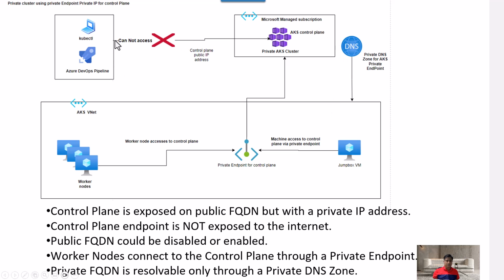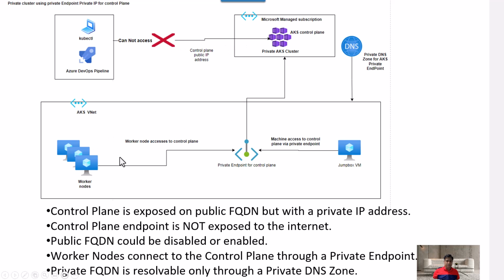For a private cluster, any application like an Azure DevOps pipeline or kubectl cannot access your private AKS cluster from outside. As you know, an AKS cluster has an AKS control plane and the worker nodes. The AKS control plane is always hosted in the Microsoft managed subscription whenever you create an AKS cluster, and access from kubectl or Azure DevOps is restricted from the public IP address.